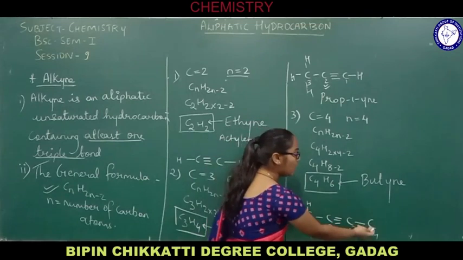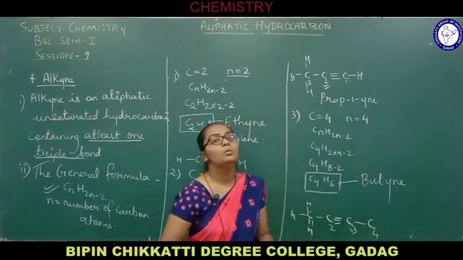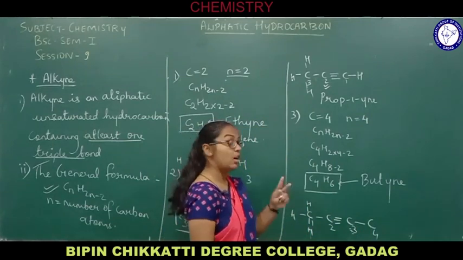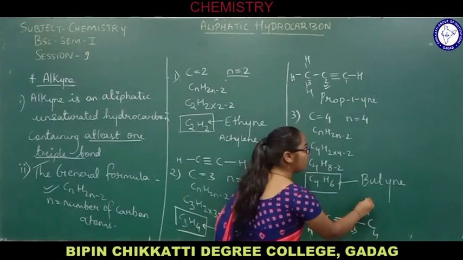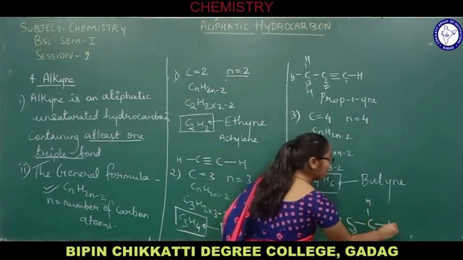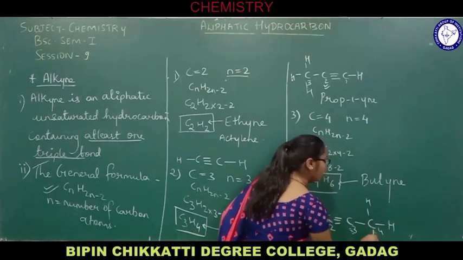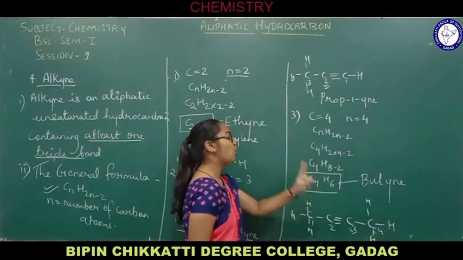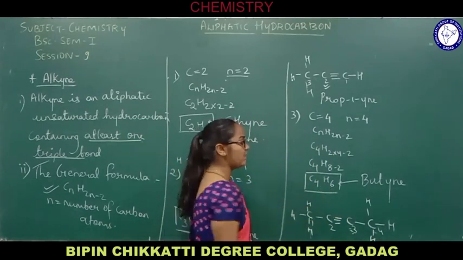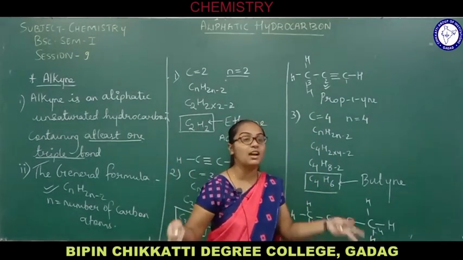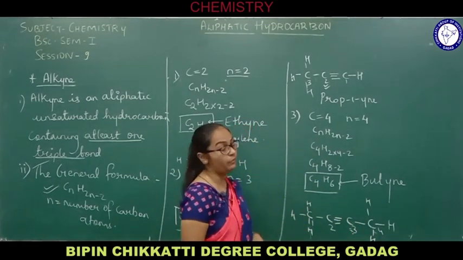Here only 1 bond of carbon number 4 is shared with the adjacent carbon, so 3 are left, and 3 hydrogen atoms attach. In total, 6 hydrogen have been attached. So this is how the structure will be for butyne.